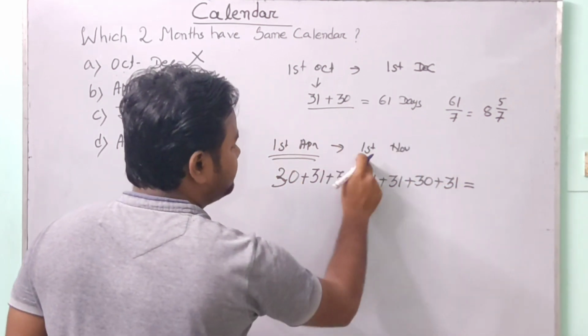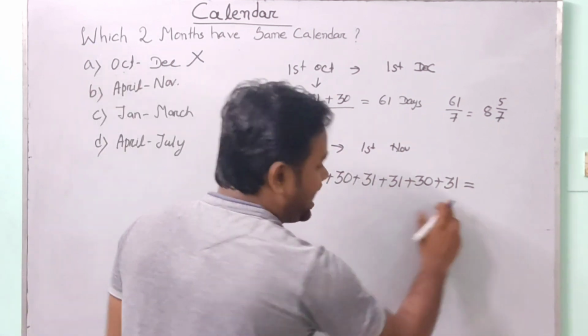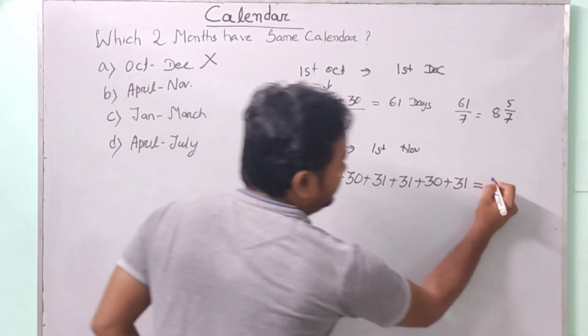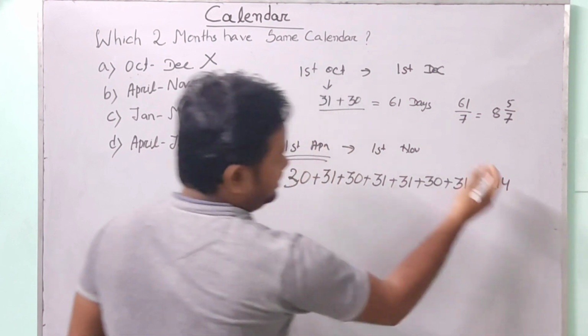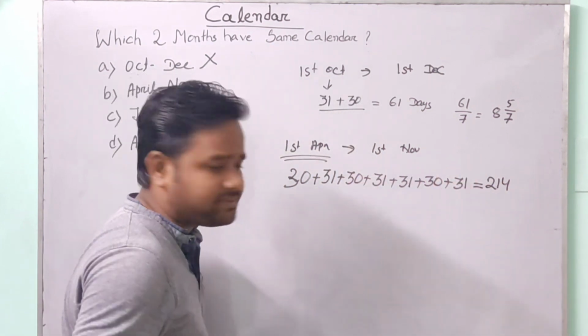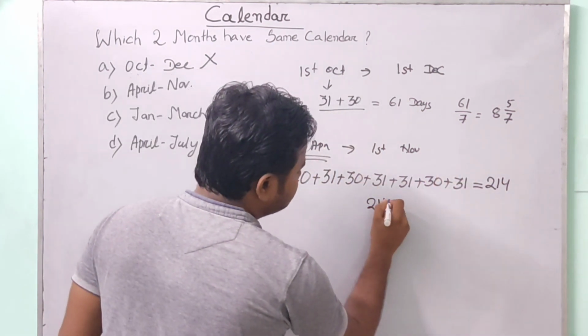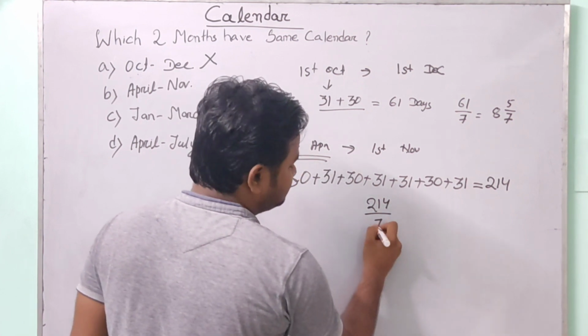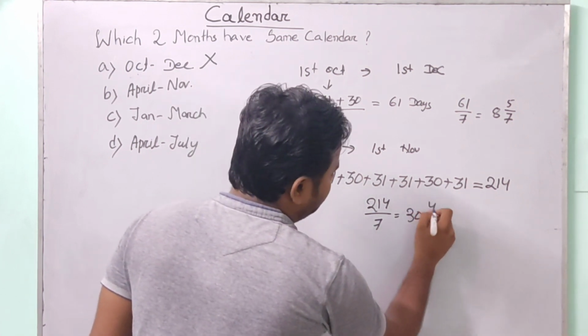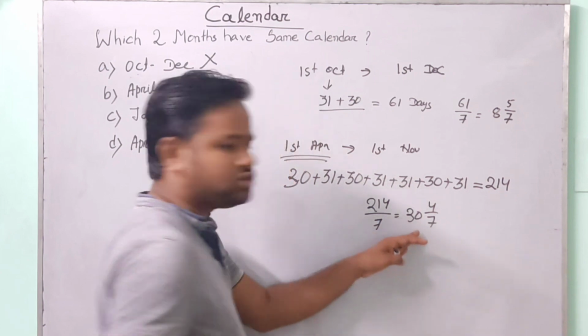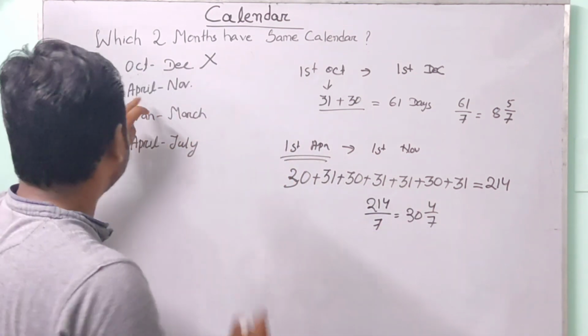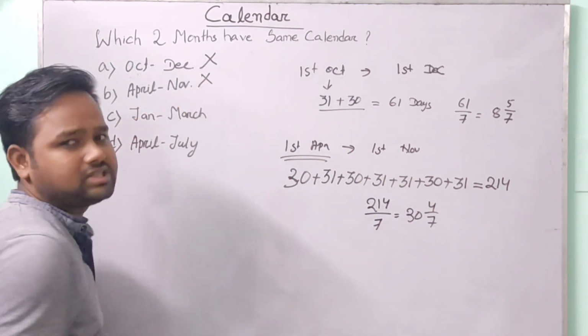Then it is 1st November. So how many days are there? 214. Here I have to divide this by 7. 214 by 7 is 30 whole 4 by 7. It is also not divisible. That means these 2 months do not have the same calendar.